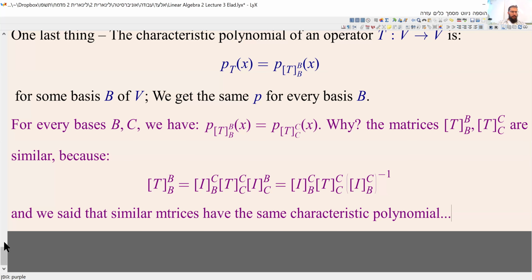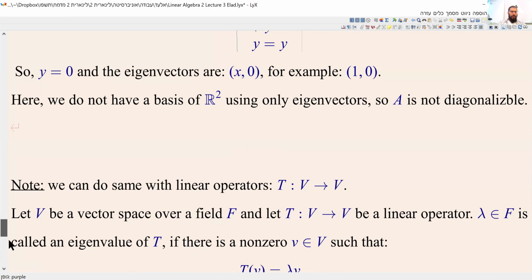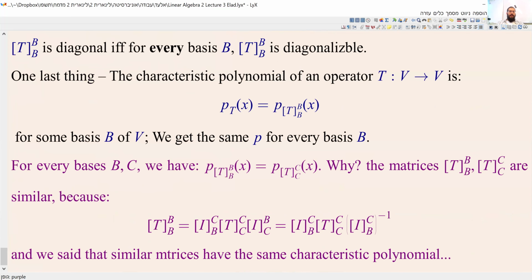So this is one bit long note stating that everything we can say about matrices, we can say about linear operators, and with the same methods. Basically, looking at the corresponding matrix of the operator and working with it.